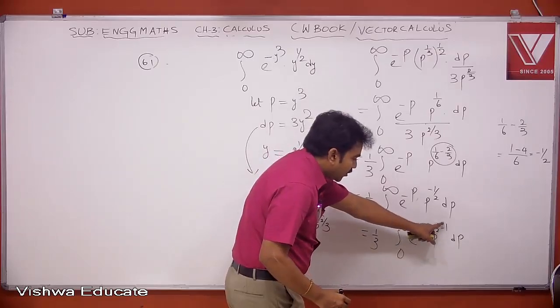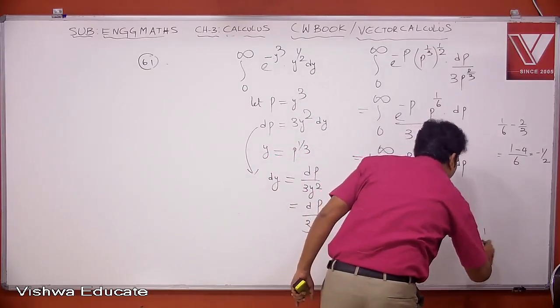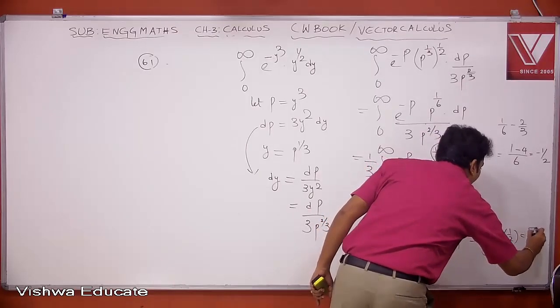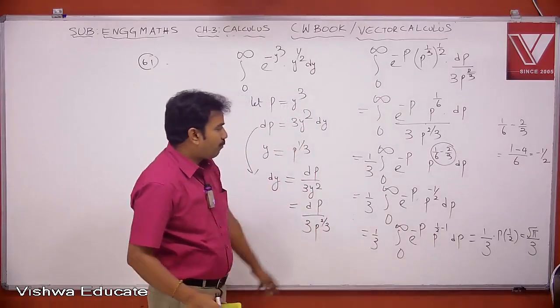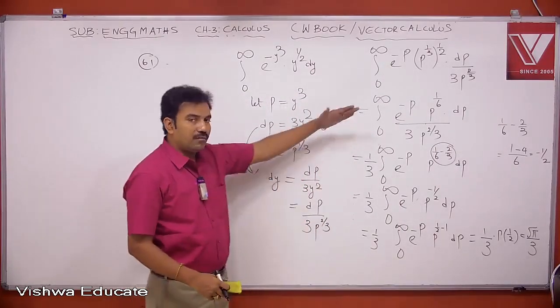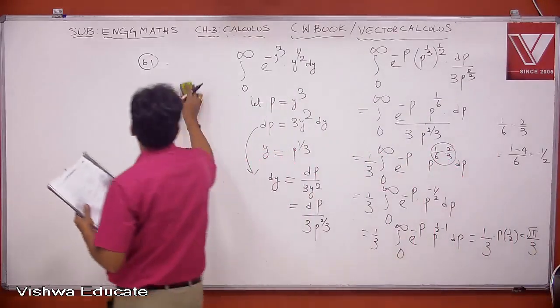Now this is a gamma function where n value is 1 by 2. So therefore this is 1 by 3 into gamma of 1 by 2. So the value is square root of pi divided by 3. Simple application of the gamma function. Note down this calculation.